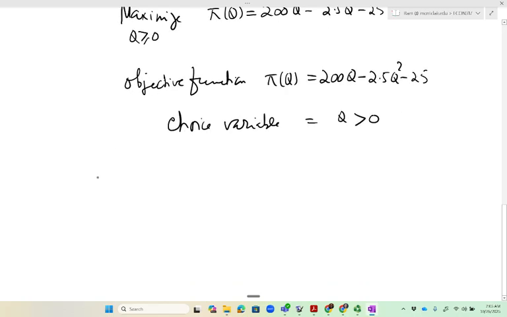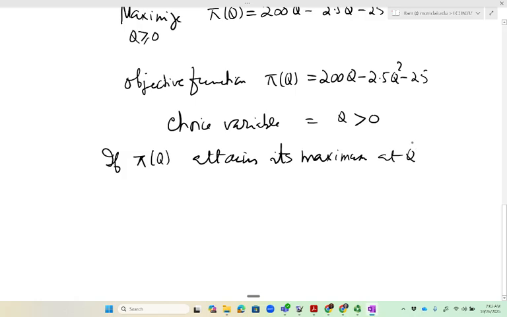Then I want to apply the first order condition, for which I will write the statement: if profit as a function of q attains its maximum at q star positive, then at q star the first order condition will hold.